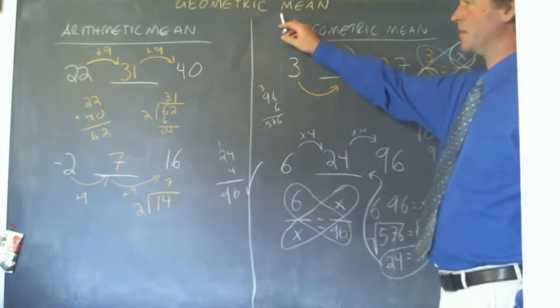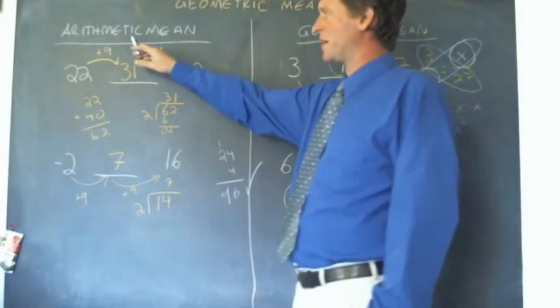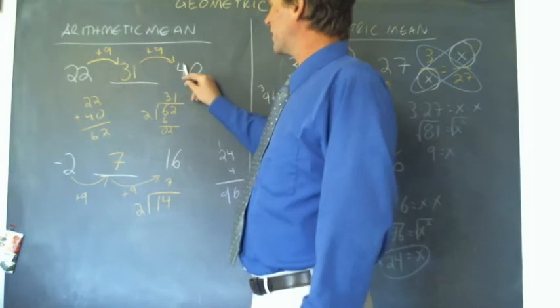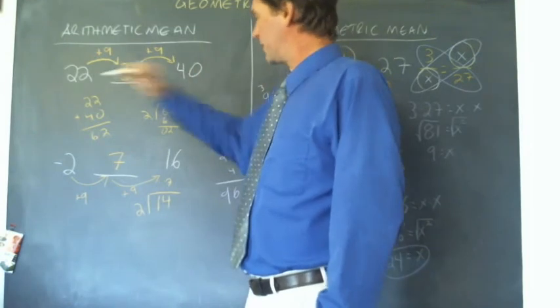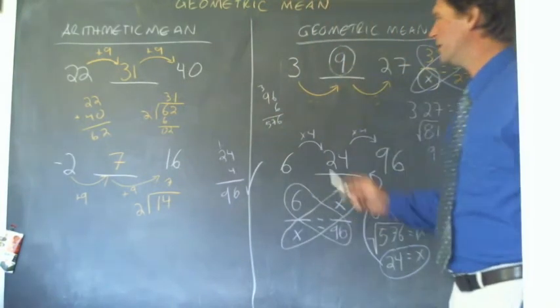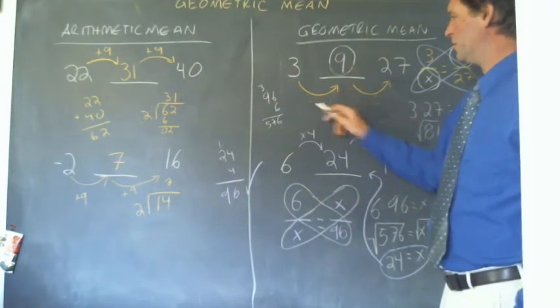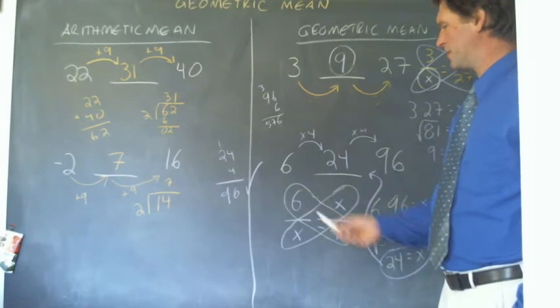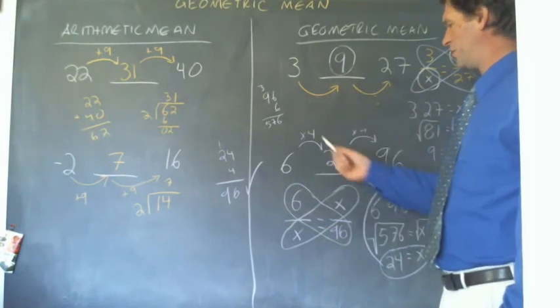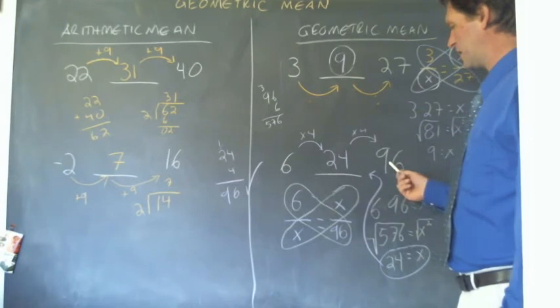The geometric mean is similar to the arithmetic mean, which is just the average. You add the same thing to get the arithmetic mean, and then the next number. Geometric mean is the number that sits in the middle. You multiply the same thing both times. 3 times 3 is 9, times 3 is 27. 6 times 4 is 24, times 4 is 96.